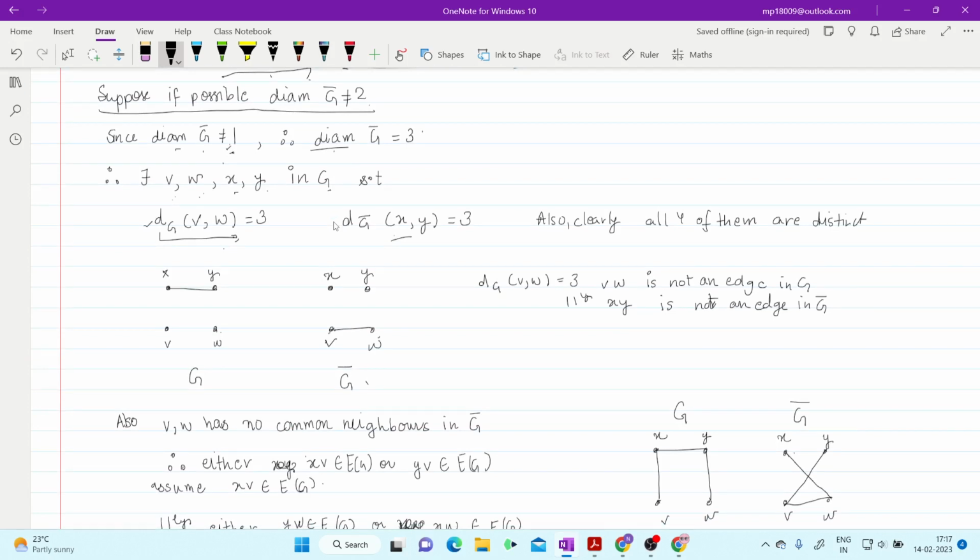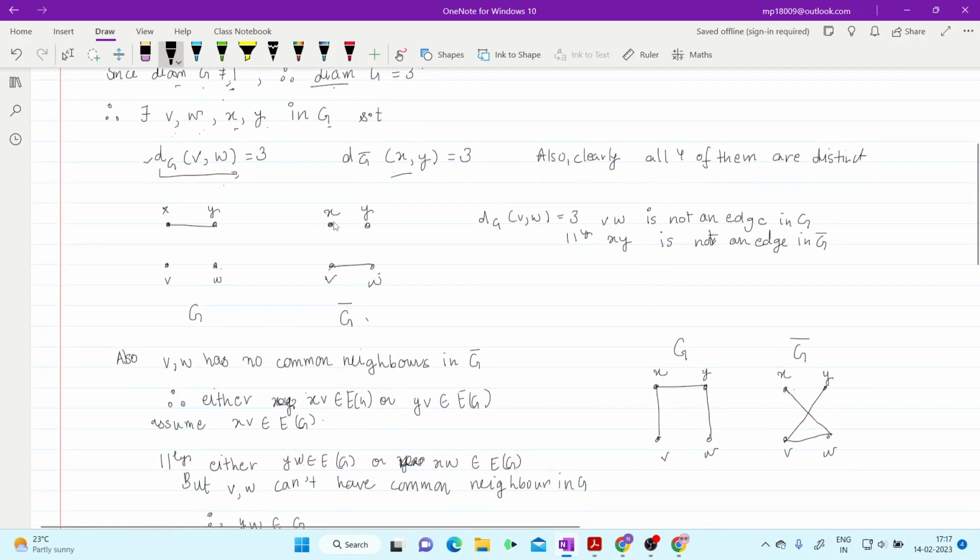But now, since we know that they won't have any common neighbors in the respective graphs, using that also we can find further relations. First of all, V and W will have no common neighbors in G, because the shortest path between them is 3. If V and W have a common neighbor, say V prime, then we would be able to find a path of length 2. But we know that the shortest path between them is 3. Therefore, V and W cannot have any common neighbors in G. Moreover, X and Y cannot have any common neighbors in G bar.